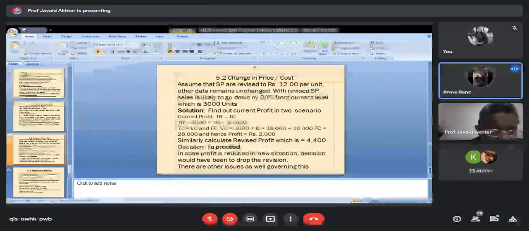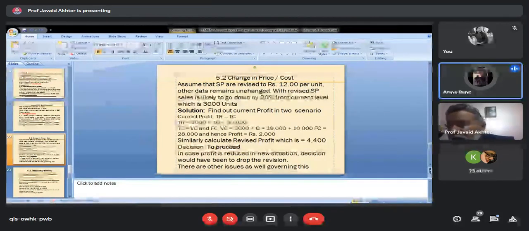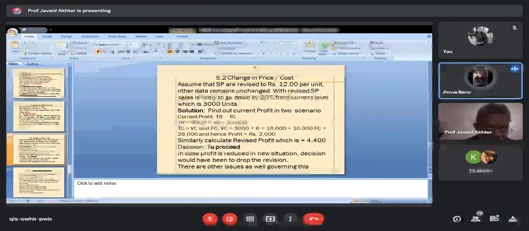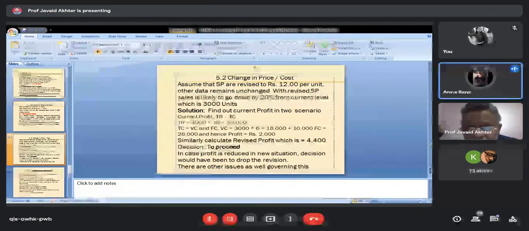Can somebody read what all you have noted? The first question was, assume that sales price are revised to ₹9. Demand is likely to go up by 10%. What should be the decision?